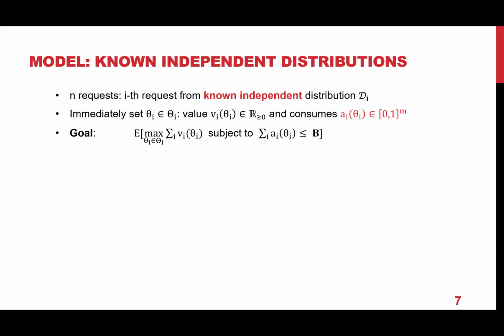And the objective is the same. Whenever you receive a request, you have to immediately decide how to satisfy it. You'll get some value and you consume some resource. The goal is to maximize value subject to some budget constraints. One assumption, because I'm making this large budget assumption, is that no request consumes more than 1 unit of a resource.